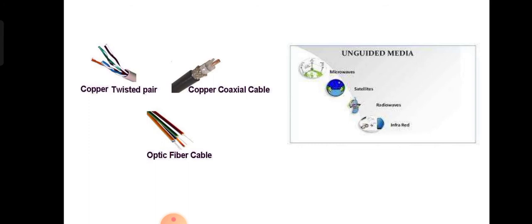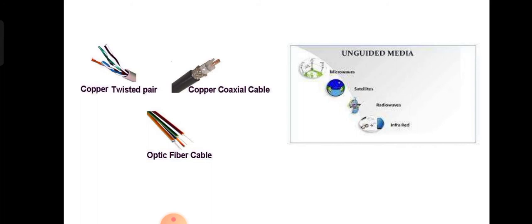Twisted pair is used for communication, like if you use Wi-Fi, they give the connection through twisted pair nowadays. Unguided media means we use infrared, radio waves, satellites, and microwaves. And I will show you an example.